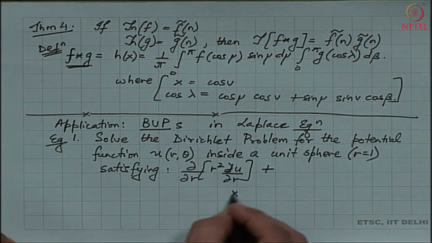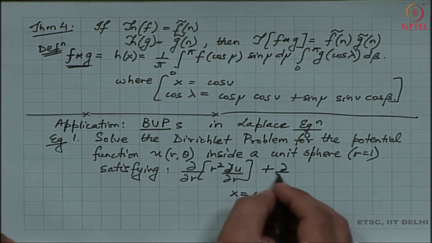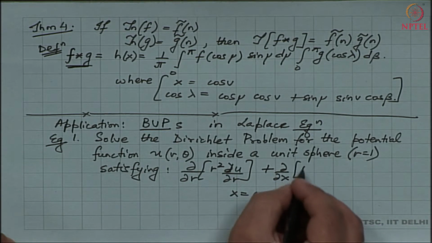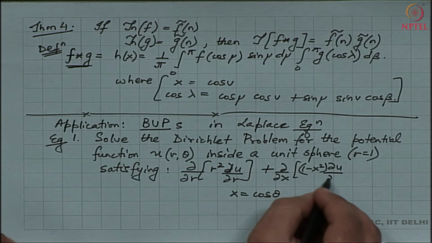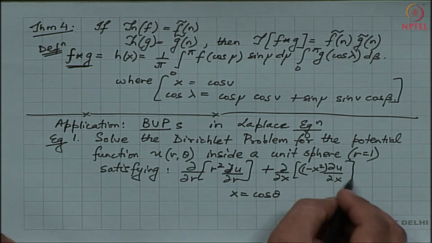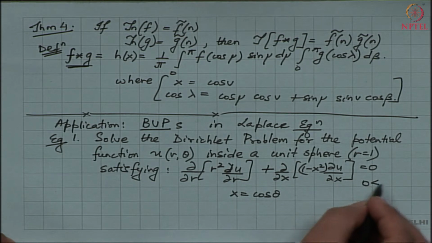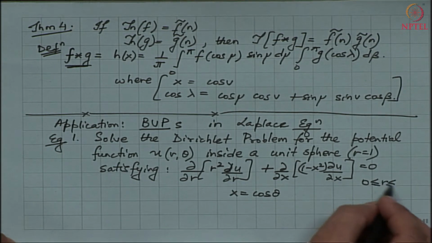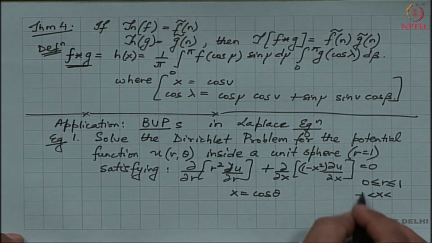I use my x to be cos theta: del x of 1 minus x square del u del x is equal to 0, where r is from 0 to 1 and x is from -1 to 1.